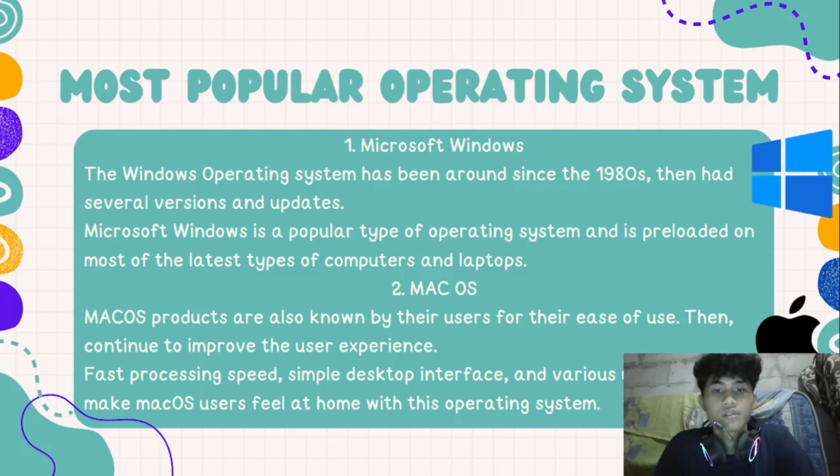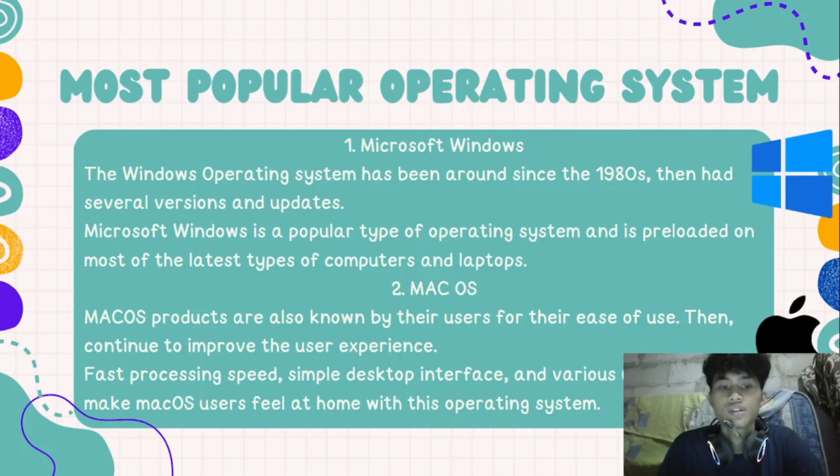Microsoft Windows is a popular type of operating system and is preinstalled on most of the latest types of computers and laptops. Number two, macOS. macOS products are also known by their users for their ease of use.